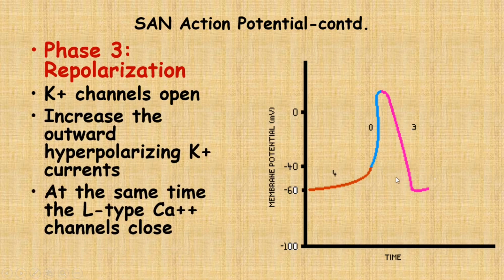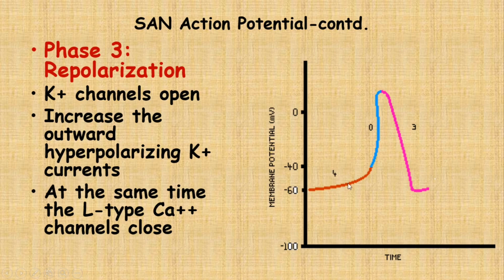So once it becomes minus 60 again, the new spontaneous depolarization phase will start because of the opening of funny channel. At the end of this repolarization phase, the potassium channel will close and there is opening of this funny sodium channel, and it will make the membrane potential rise from minus 60 to minus 50 slowly.